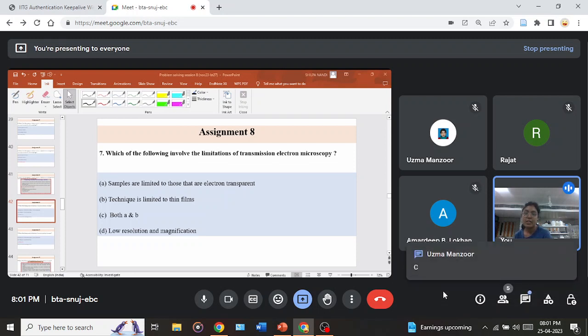Both Uzma and Amardeep are saying option C, that is both A and B. Okay, we'll see. Option A, samples are limited to those that are electron transparent. Yes. So what was the basis for transmission electron microscopy? Can anyone tell me? What was the principle behind it?